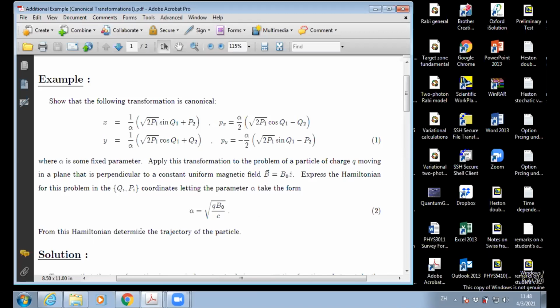From this Hamiltonian, determine the trajectory of the particle. I believe that all of you are familiar with this example. When we have a charged particle moving in a plane perpendicular to the uniform magnetic field, the trajectory is a circle. So it is a well-known problem.